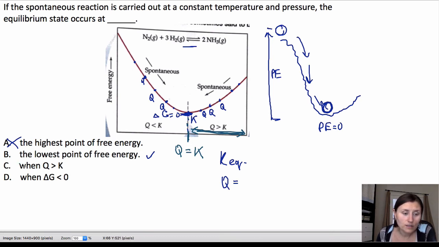So this is incorrect. Now, when delta G, or free energy, is less than 0, well, D would be incorrect. So the only correct answer here is option B, which is the lowest point of the free energy.